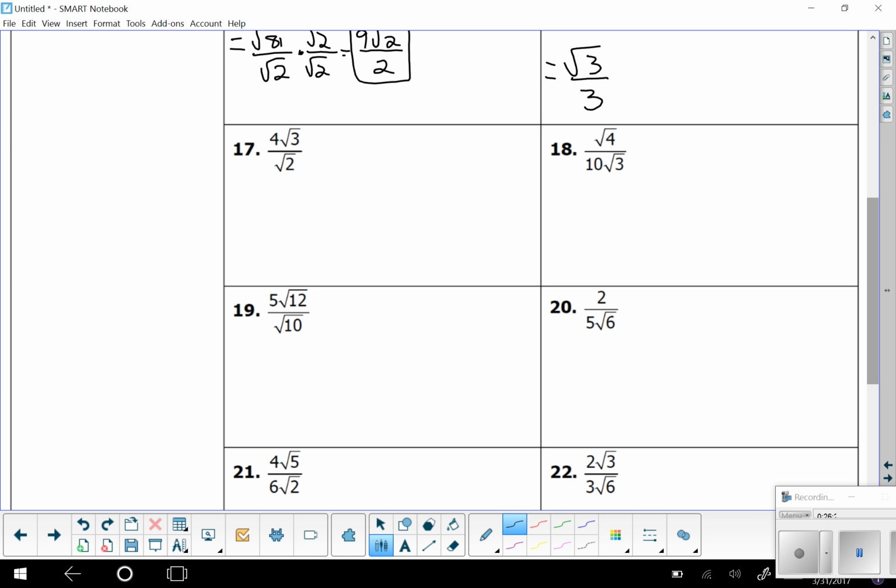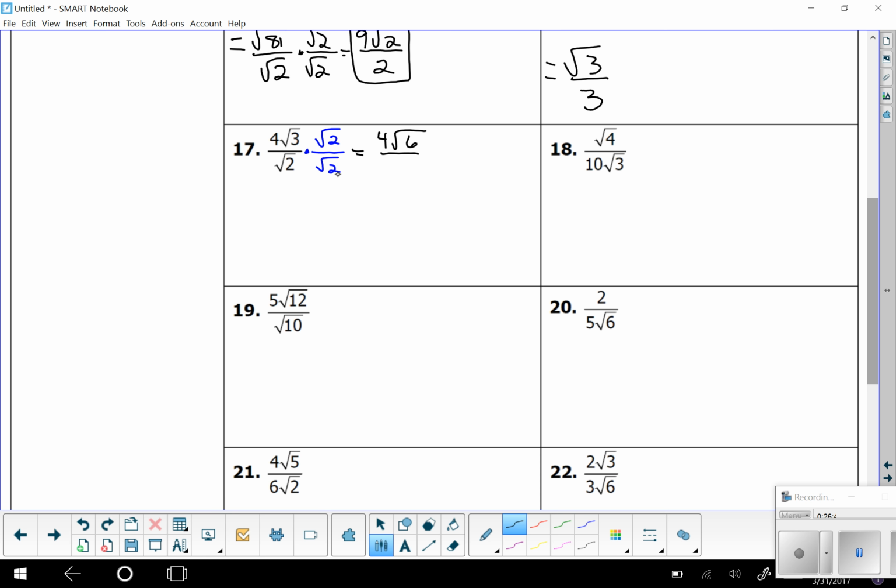Okay, so for the next one, multiply top and bottom by the square root of 2. We get 4 square root, so 3 times 2 is 6.